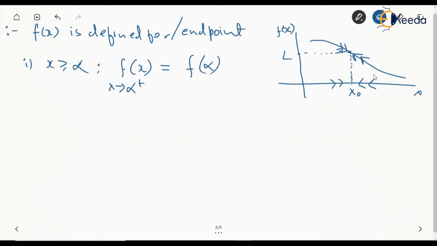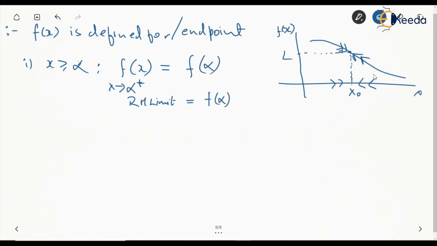That means it needs to have a right hand limit same as the function value. So this alpha plus is the right hand limit, and this is the function value itself. So nothing more to write about this, right?